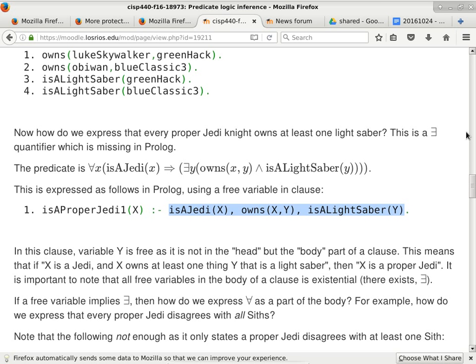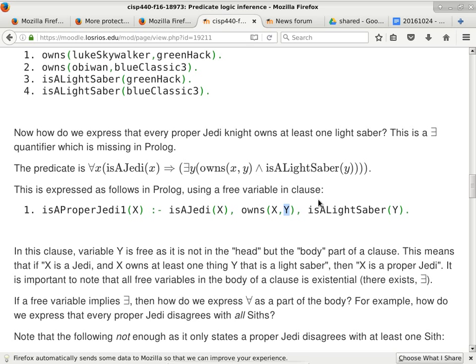But in this case, we have a free variable. What a free variable is in this case is Y. A free variable is one that is in the body instead of the head of a Prolog sentence.